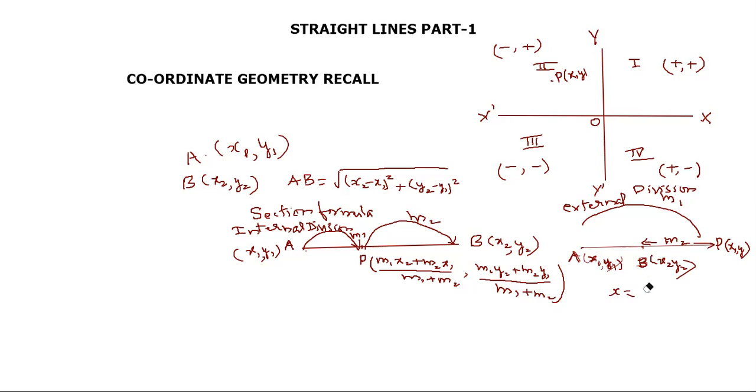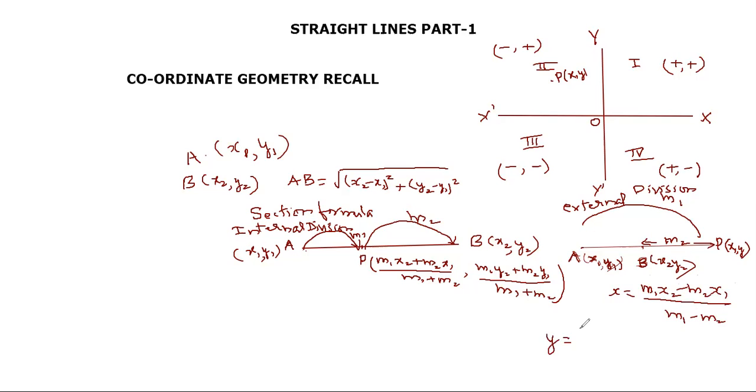It's not visible properly. Okay, now the formula is m1 x2 minus m2 x1 divided by m1 minus m2. So the only difference is that minus will come instead of plus.